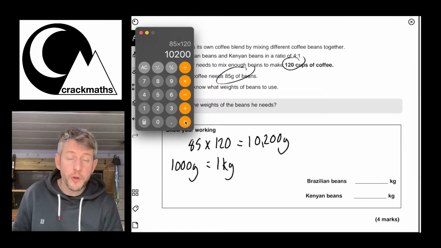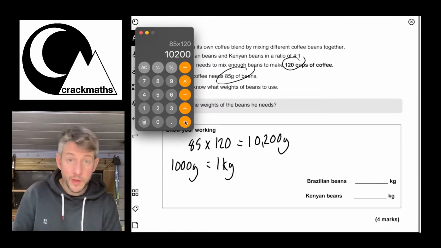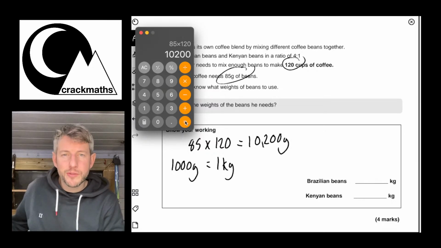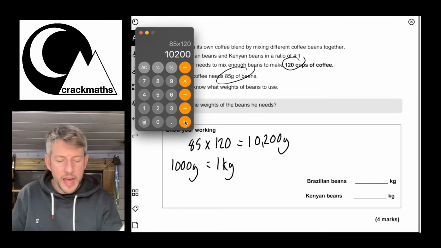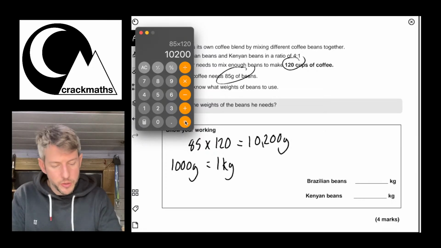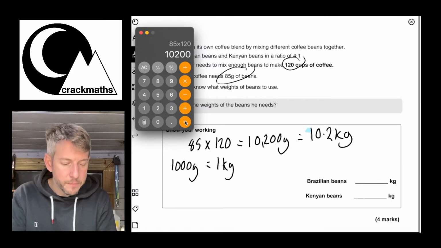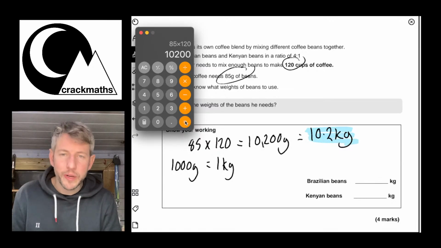So I know that I've got 10,000 grams there. So if 1,000 grams is 1 kg, 10,000 grams is 10 kg, and this will be a 0.2 because that will just be carried through. So this equals 10.2 kg. So this is how many kilograms of beans we need.